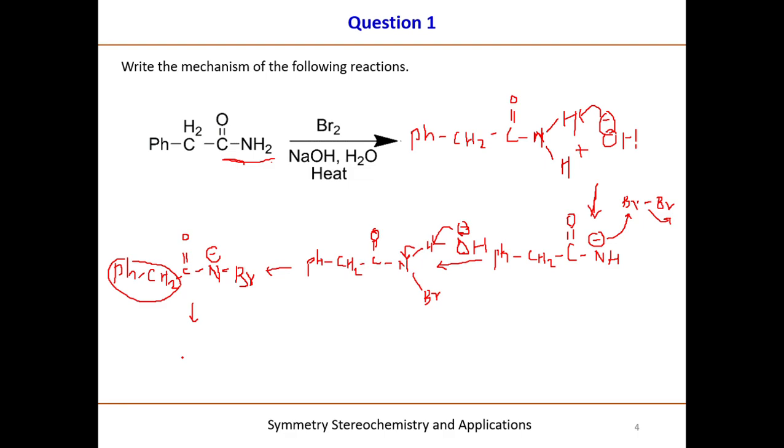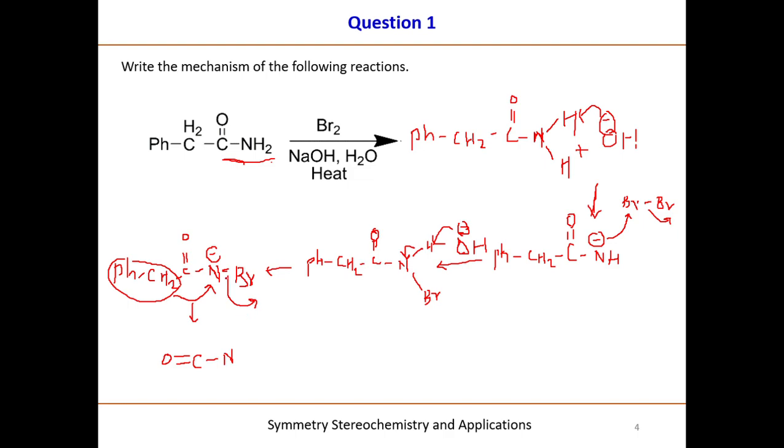So we will get the isocyanate formation over here. How will it be formed? I will write here. This is our oxygen, double bond, carbon, and this is our nitrogen here. This group will migrate over here, and this halogen, bromine, will be eliminated.